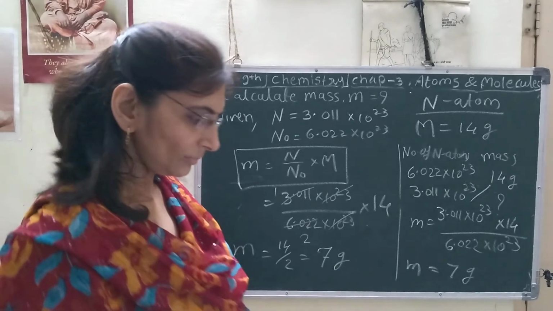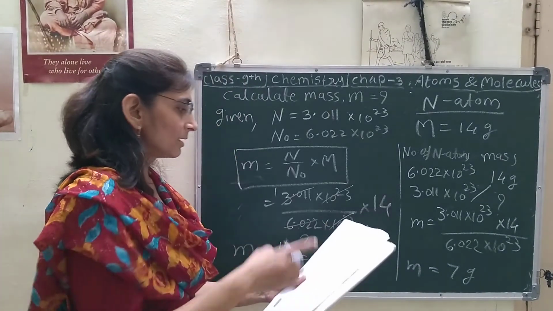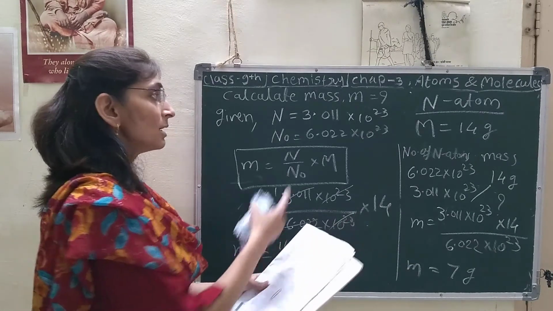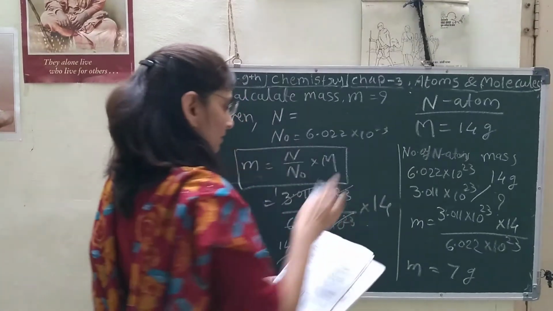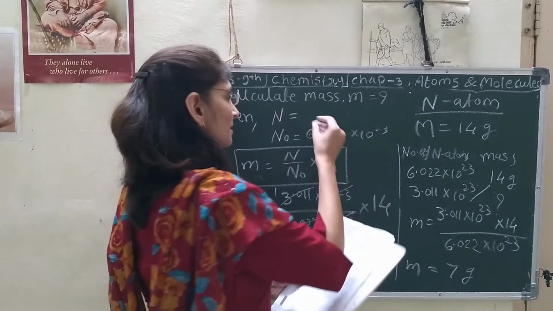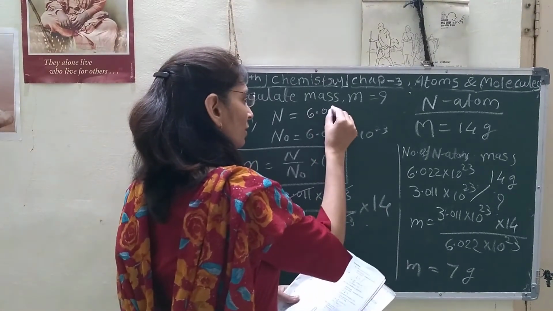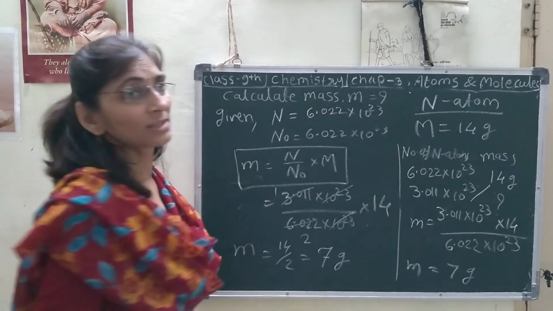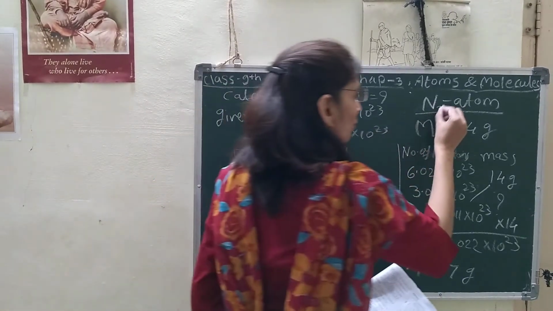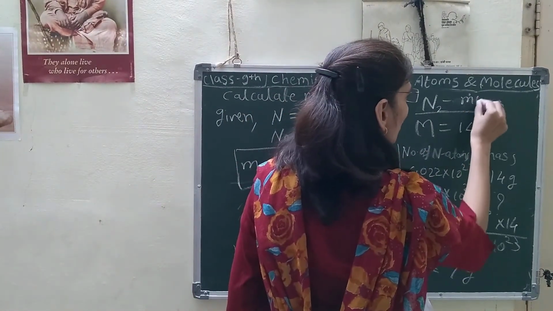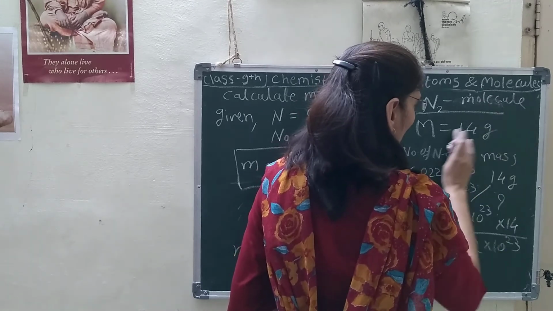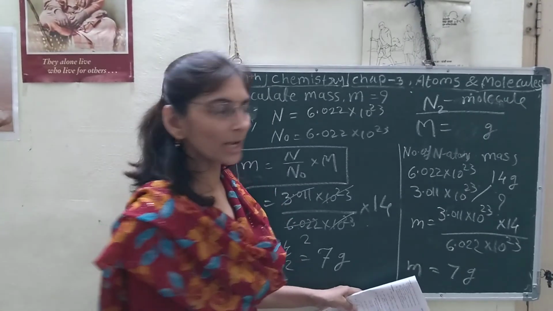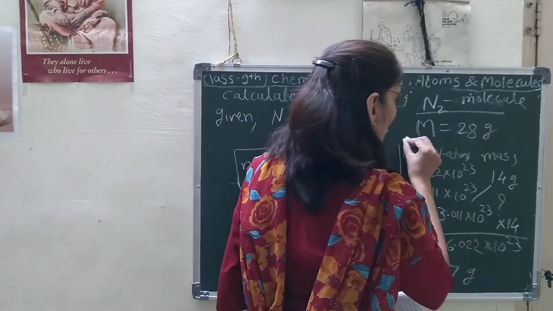Okay. So next is given number of N2 molecules. How many molecules are there? These are equal to the same as Avogadro's number, 6.022 into 10 to the power 23, and n is equal to the same number, and it is N2 molecule. For a diatomic molecule, 14 plus 14, 28 gram will be the capital M here.